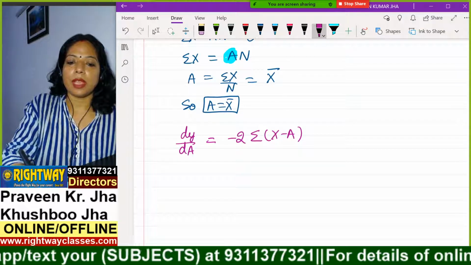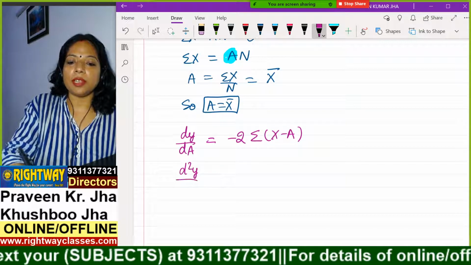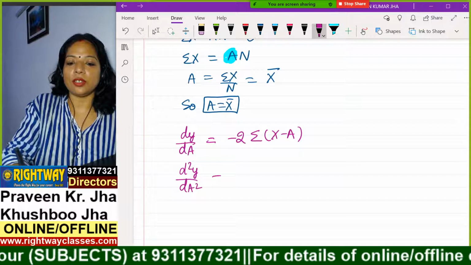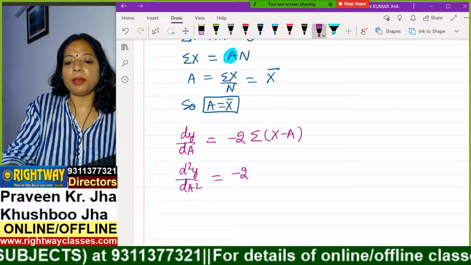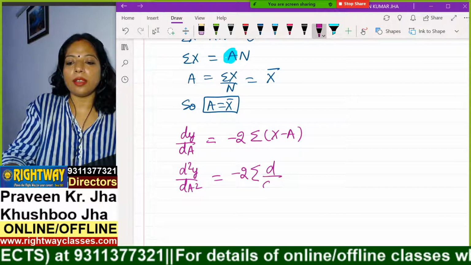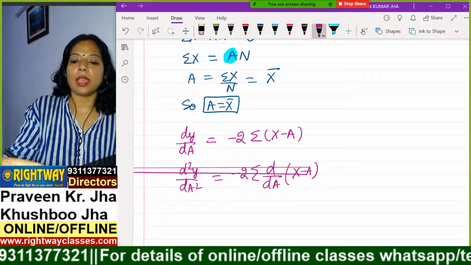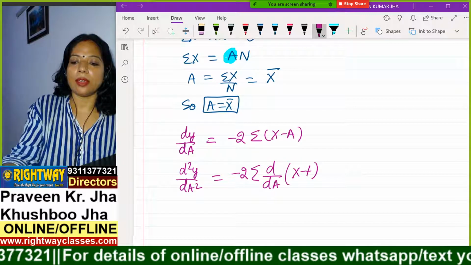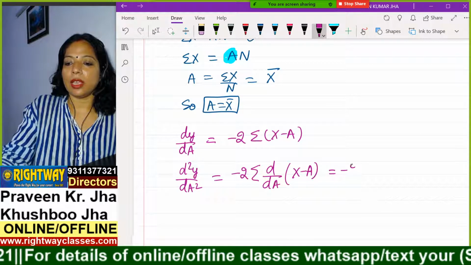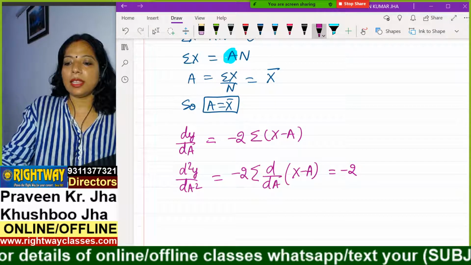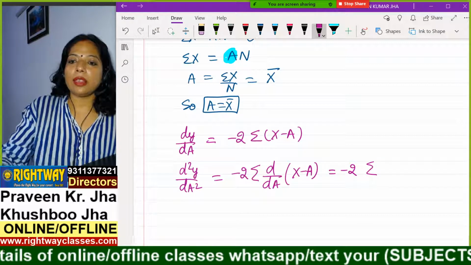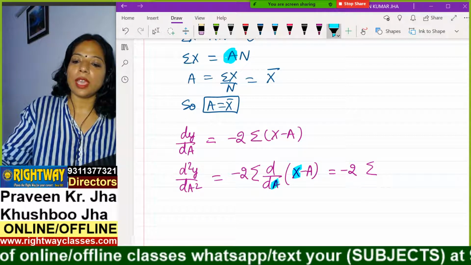See here. Now we are again differentiating with respect to a. So this minus 2 will be taken outside, and inside the summation we will write d by da of x minus a. Now see, minus 2, and this x is unrelated to a.